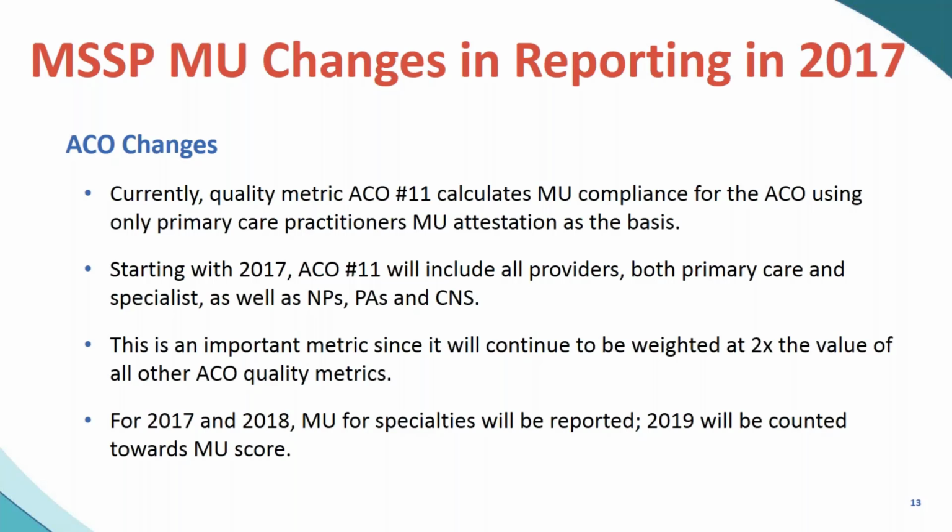You may not even have been aware of that because you didn't report them, you just reported them as part of meaningful use, and you weren't thinking of it in terms of ACO. But the reality was, when CMS gave you points for that reporting, they were looking only at your primary care providers. Starting this year, they are going to include all your providers, both primary care and specialists, as well as those that you were reporting only under Medicaid. And this would be your nurse practitioners, your PAs, and your certified nurse specialists. It's really an important metric.